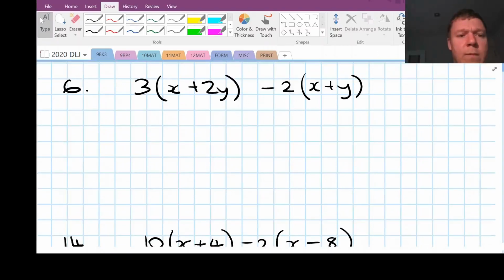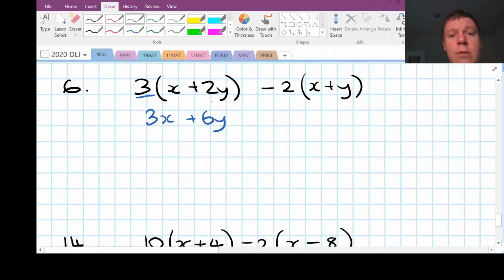Alright, so number outside multiplies both things inside the brackets. 3 times x, 3x, 3 times 2y, 6y. So 3 times 2 is 6, 3 times 2y is 6y. Alright, we've got a subtraction going on here. So you've got to be careful with subtraction, because often students will forget about it and just leave the subtraction off the second one.